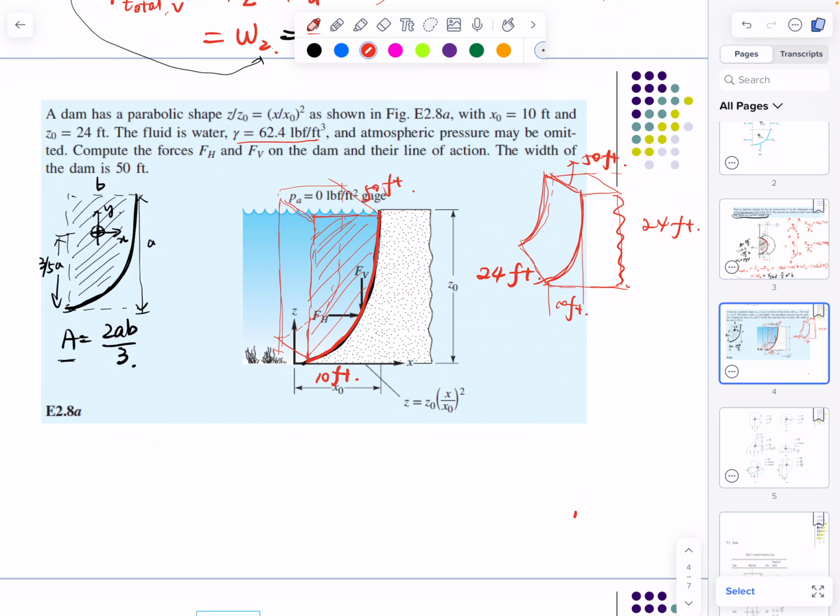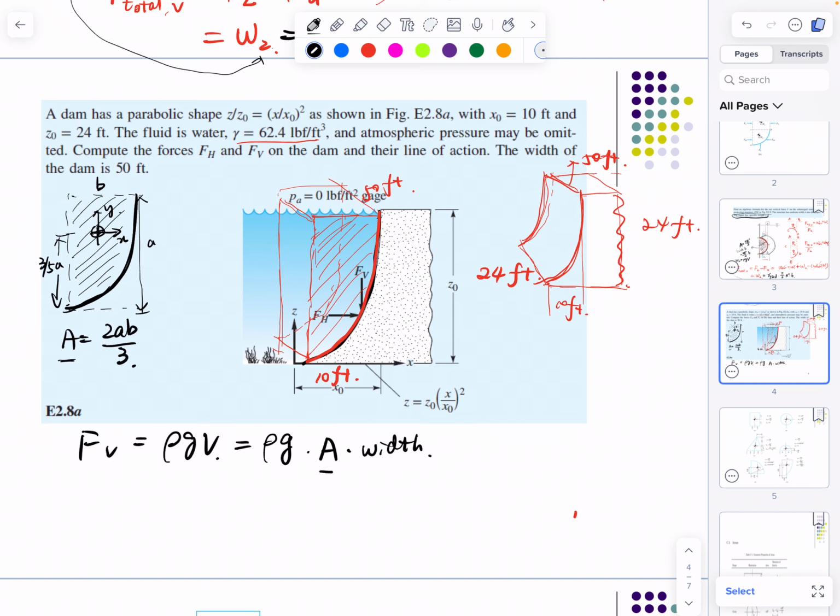What is the weight here? For vertical force, we only care about the weight. So we have Fv equals rho g V, and this V can be calculated as rho g multiplied by A multiplied by the width of the dam, right?